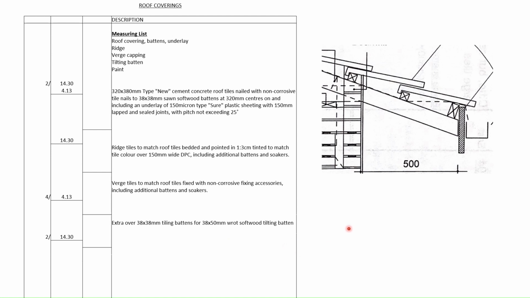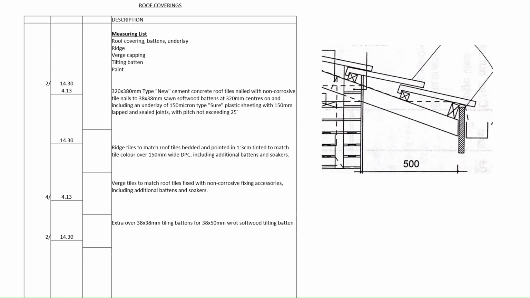And we said that these battens are located at the eaves, on either side of the building. So we would obviously use the eaves length, which is 14.3 meters. This would have been calculated already. And we would multiply that by 2 because we have a tilting batten on either side of the roof.